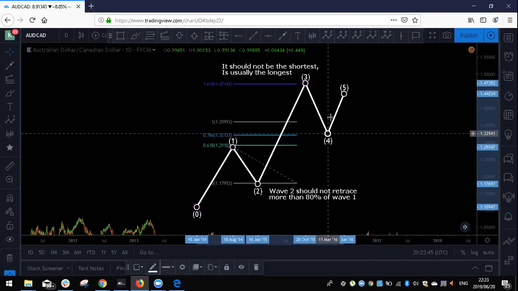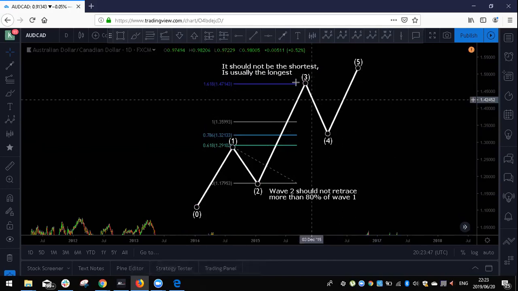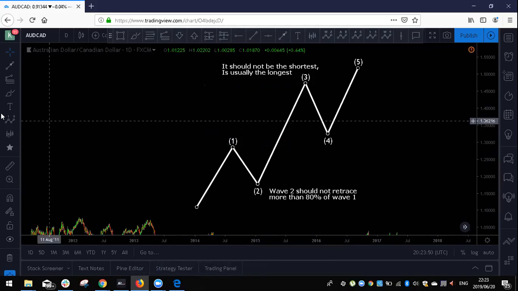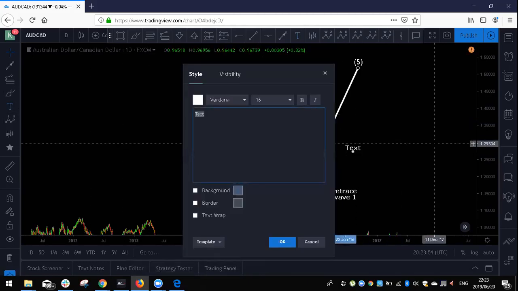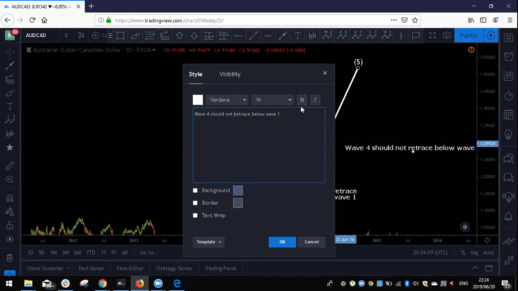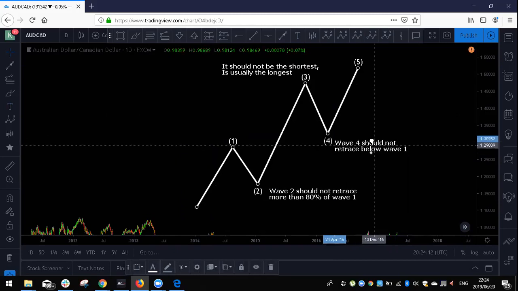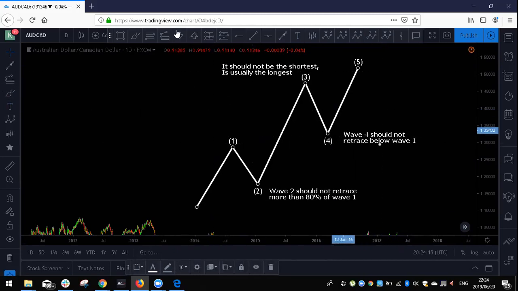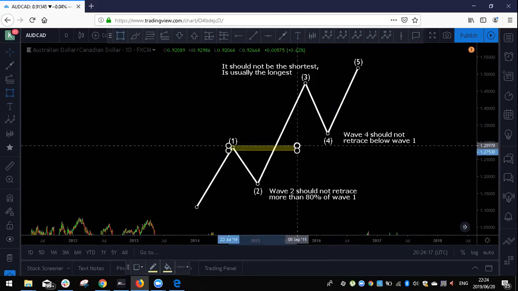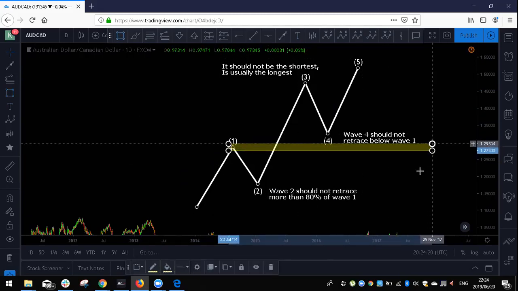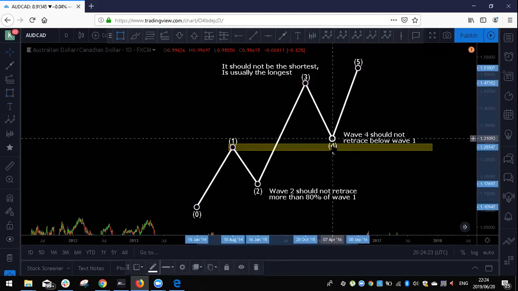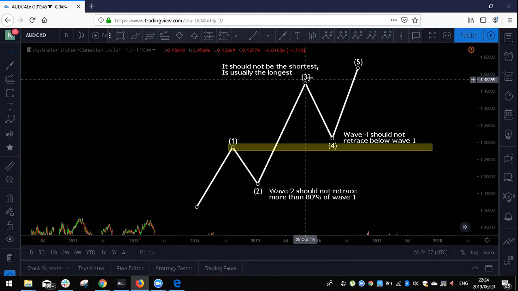And then a rule for wave 4 is that wave 4 should not retrace below wave 1. So what I usually do after you spot a wave 1, you just draw a zone there. Anything below there is your invalidation point.